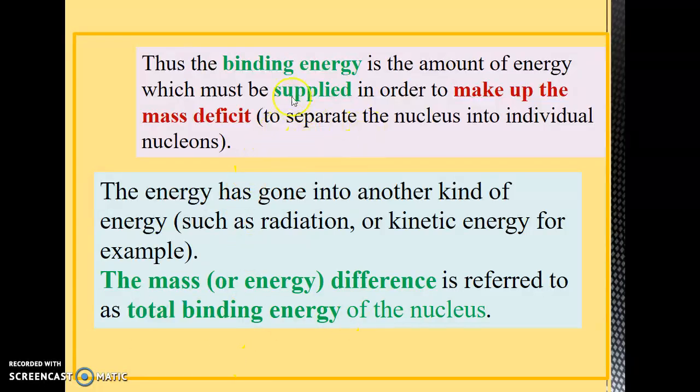The binding energy is that amount of energy given to the nucleus in order to separate it into its individual protons and neutrons. The energy has gone into another kind of energy, such as radiation or kinetic energy, when the nucleus was formed. So the mass or energy difference is what we refer to as the total binding energy of the nucleus.